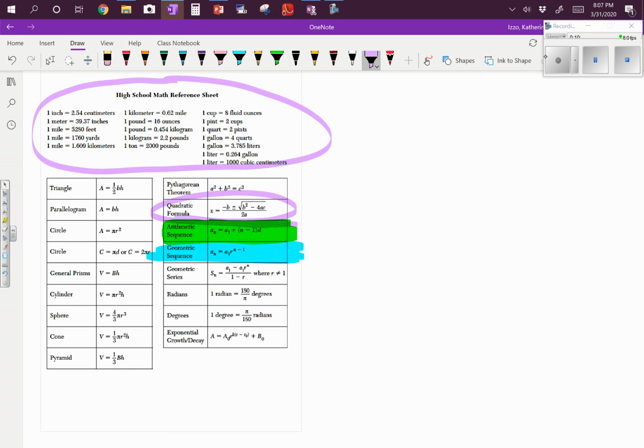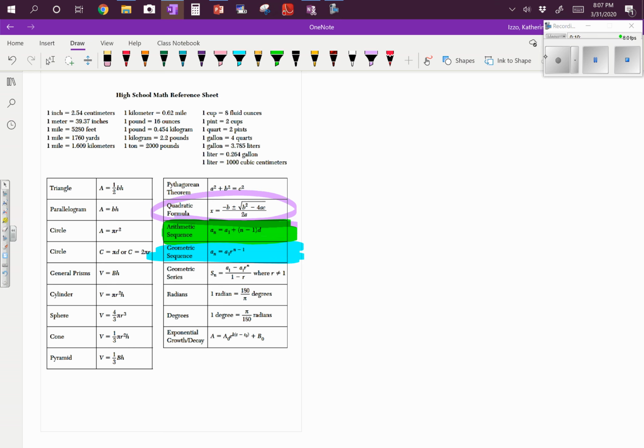Very rarely will they ask you to do anything with area or volume. Sometimes they ask you about the Pythagorean theorem, but not normally. This is all for geometry. This is for algebra 2. No one knows what that's for. That's just for fun. I feel like they were just having fun there.